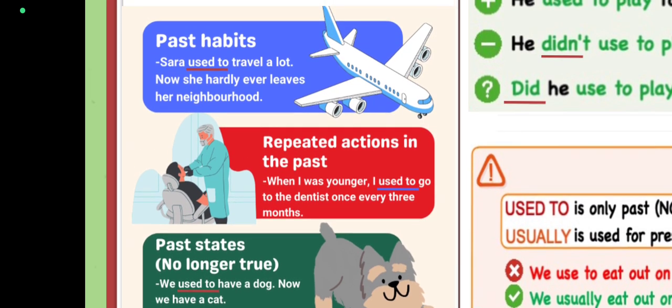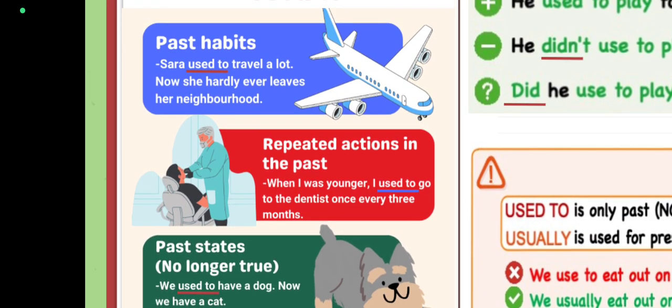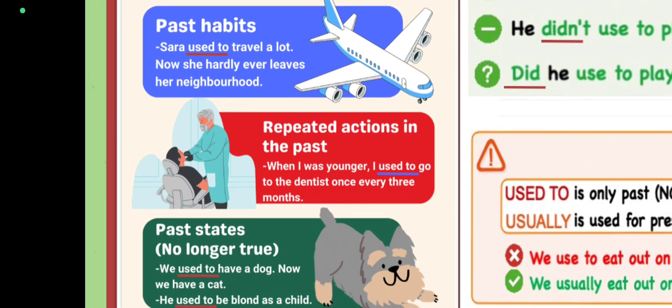So here we have the 3 applications of this topic. I'm going to choose one of you to read. I will choose Luiraima. Are you there? Yes. Can you read the applications, please? Yes. Moment. Past habit. Sarah used to travel a lot. Now she hardly ever leaves her neighborhood.